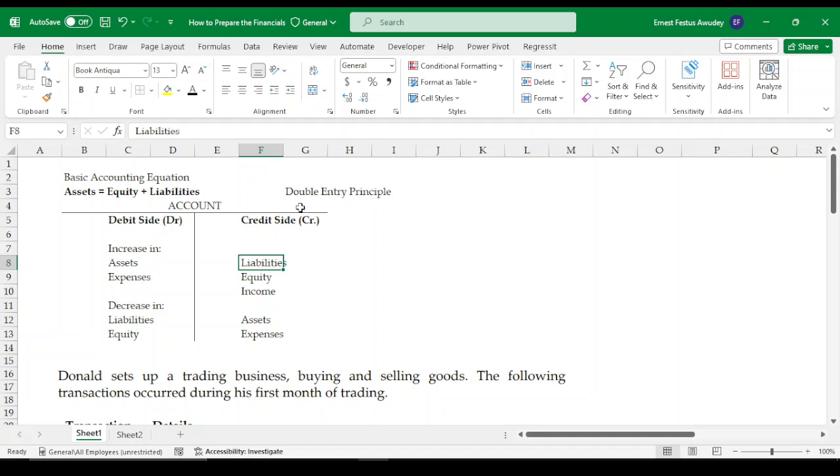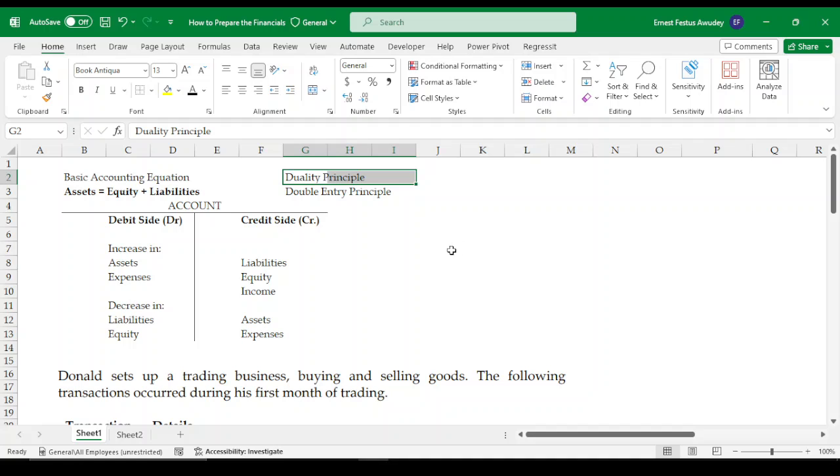Now, to understand the double entry rule, you need to understand what we call the duality principle. All right, so the duality principle tells us that for every transaction there are two sides. Okay, there are two sides to every transaction in accounting.